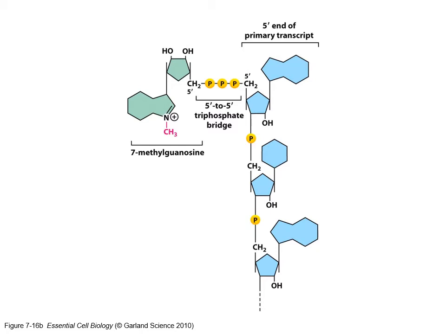I'm going to put it here for the purpose of people that are going to have to take the MCAT or GRE or something because they expect you to know this. But the 5' end of mature RNAs have this really funny nucleotide stuck on their ends. It's stuck on in a backwards way because it's a 5' to 5' triphosphate, not the usual 5' to 3'.